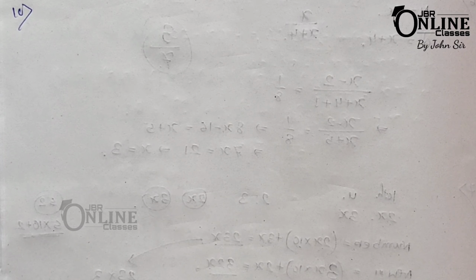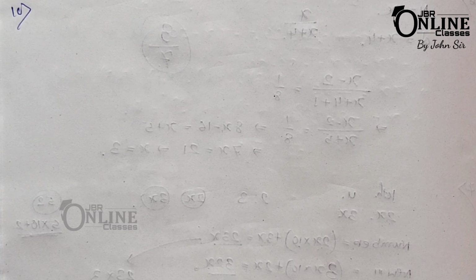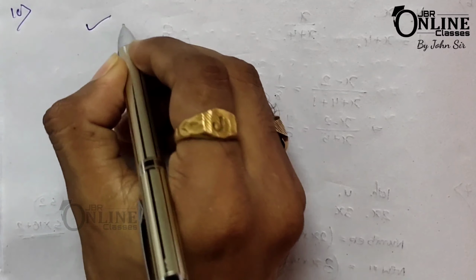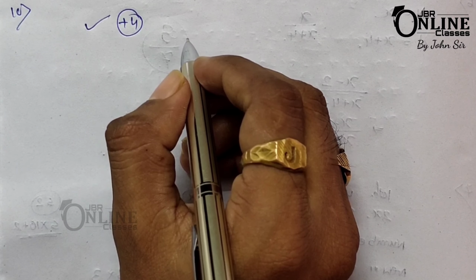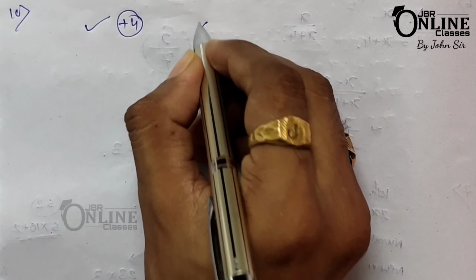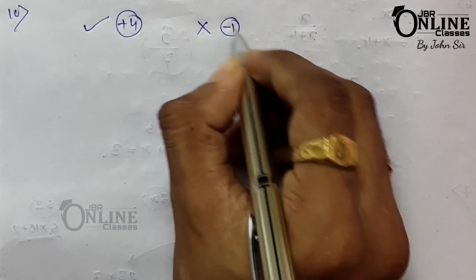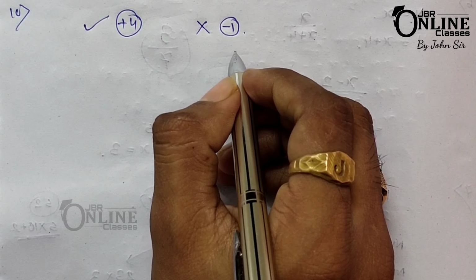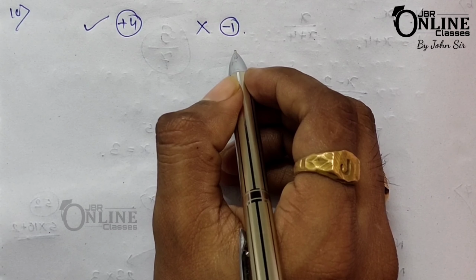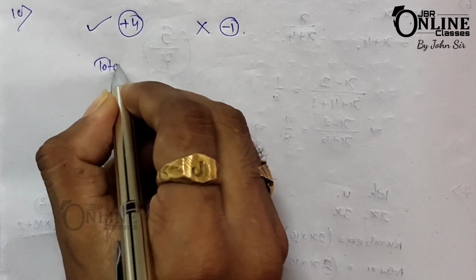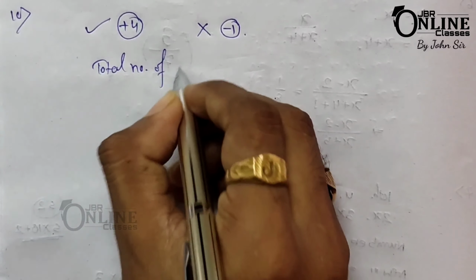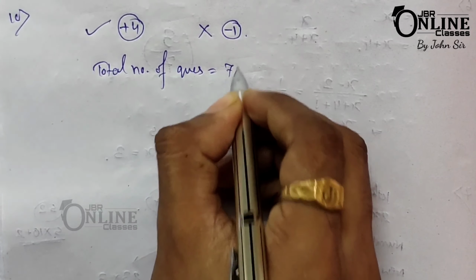Now sum number 10. In sum number 10, in an examination, a student scores 4 marks for every correct answer. That means for every correct answer plus 4 marks, and loses 1 mark for every incorrect answer. For every incorrect answer, that means minus 1 mark. If he attempts all 75 questions, that means the total number of questions is 75.